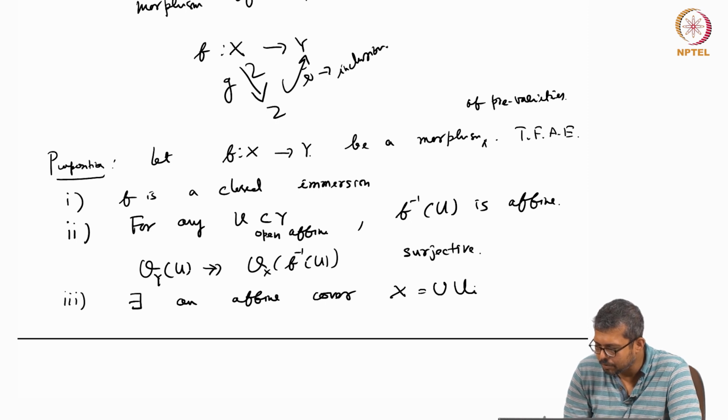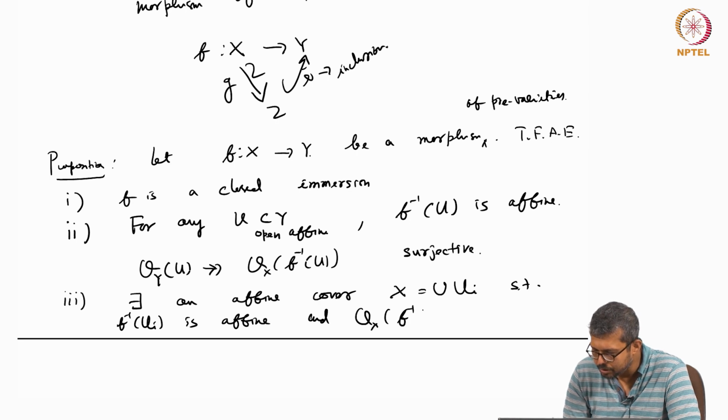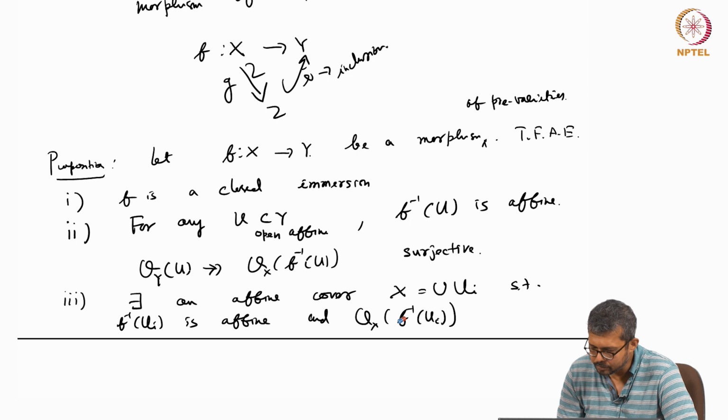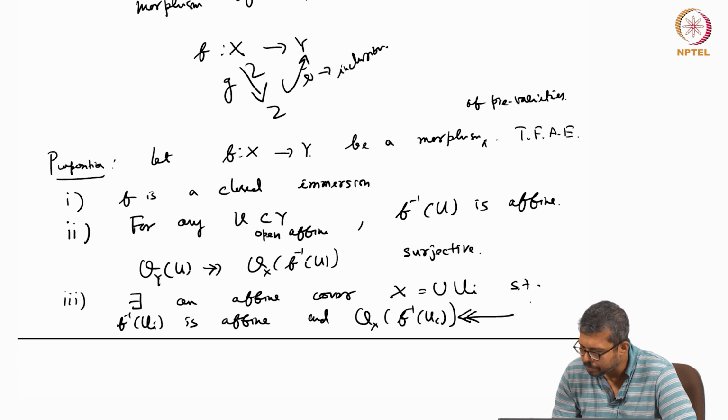So that's the point: there exists an affine cover X is the union of Ui such that F inverse Ui is affine, and the map OX of F inverse of Ui... to OX of Ui is surjective.